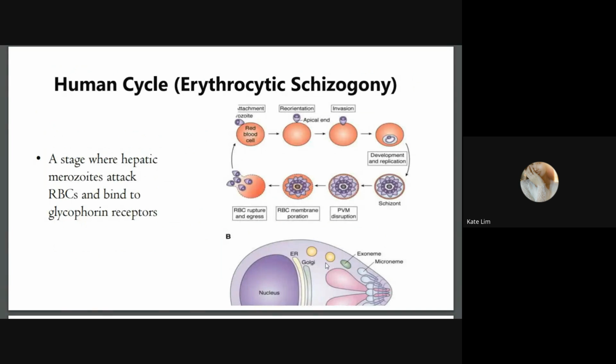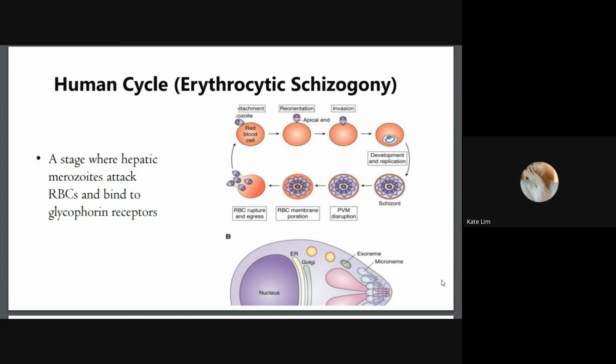Okay, going back. So we have here the erythrocytic schizogony. This happens when your merozoites attack your RBC after the pre-erythrocytic schizont ruptures in the liver. If you remember, when the pre-erythrocytic schizont ruptures in the liver, it releases merozoites into the bloodstream. These merozoites are the form of the parasite that will invade the red blood cells.